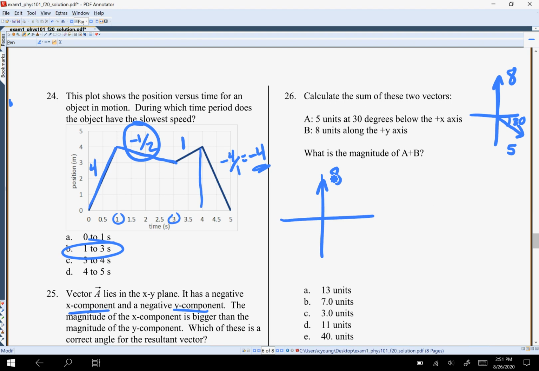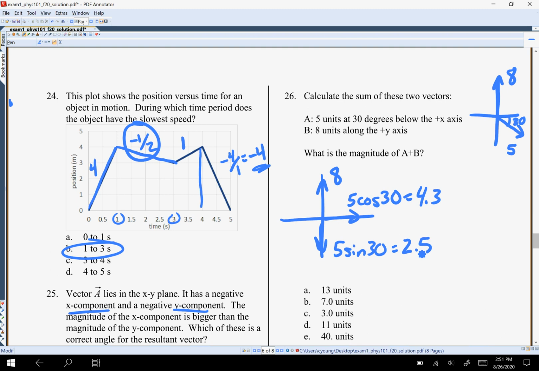So the x component is going to be 5 cosine of 30, which is 4.3. And here it's going to be 5 sine of 30. Sine of 30 is a half, so that's 2.5.